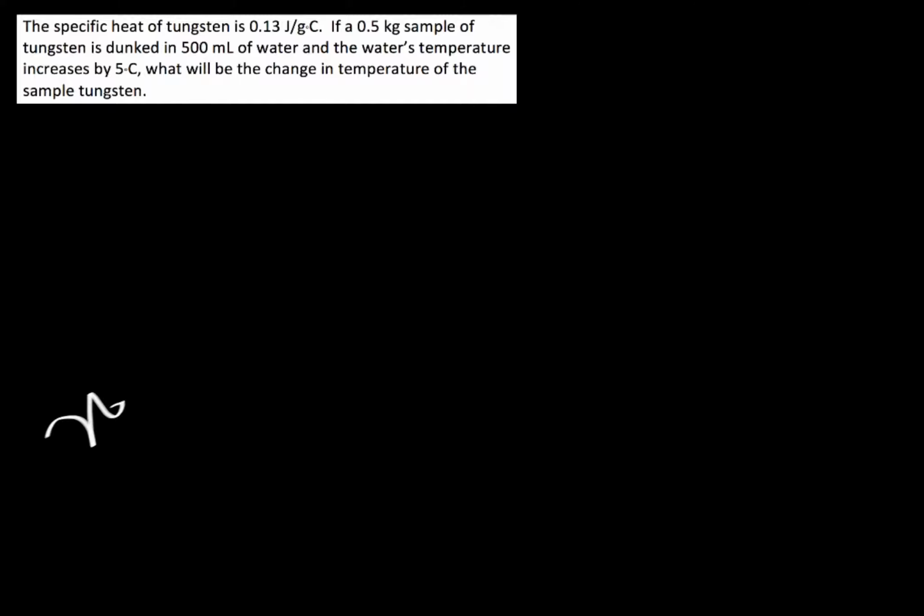Here we go. You're gonna want to use the Q equals MCAT equation. For our Q value, Q is represented by heat, which is usually followed by the unit either joules or calories.